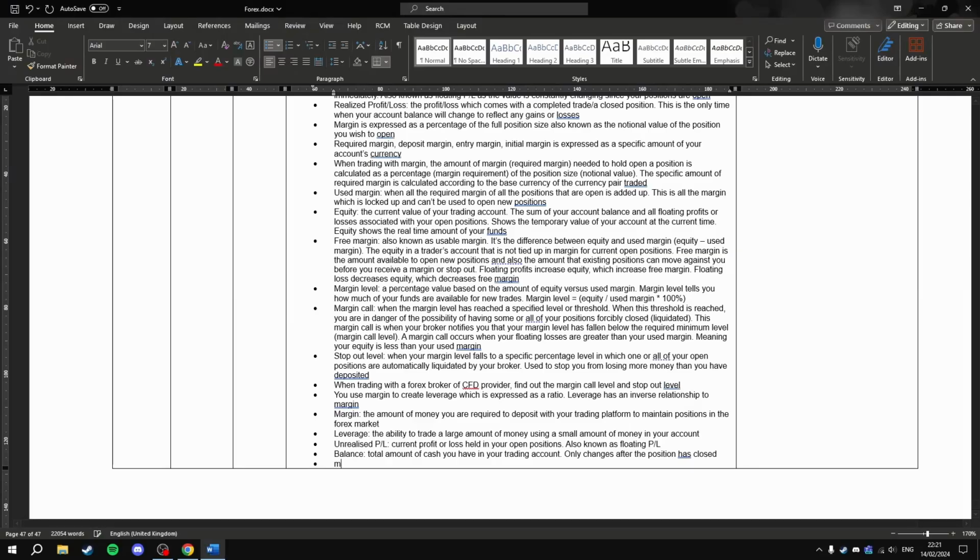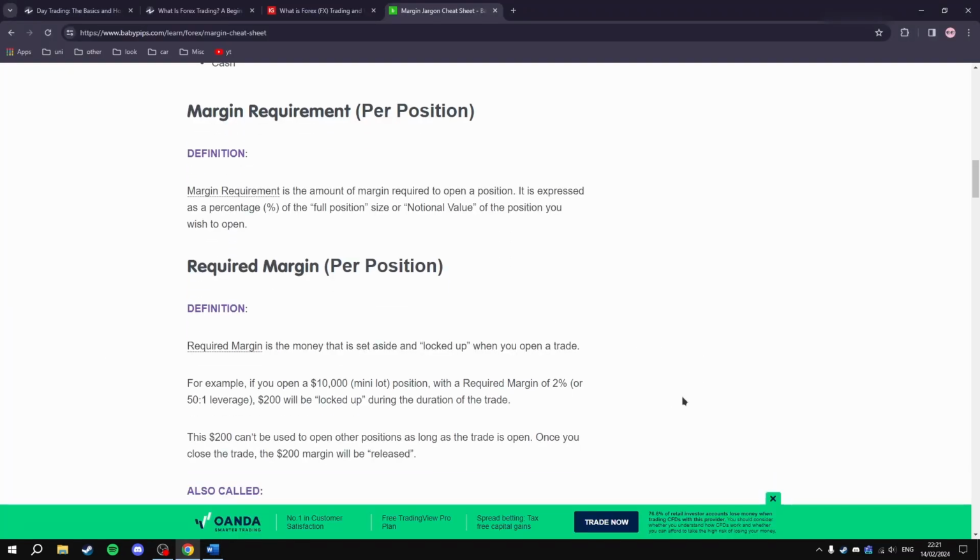Margin requirement. Margin requirement is the amount of margin required to open a position.